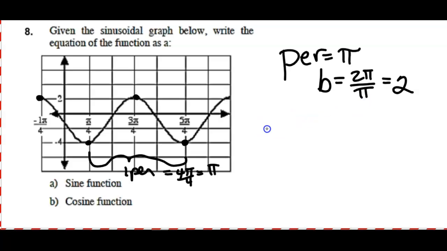All right. If we want to do cosine first, maybe? Well, let's finish here. The amplitude, it goes from 2 to negative 4. So that is a distance of 6. 3 and 3 makes the midline actually be at 1, which is why it's looking kind of wonky. Okay, the midline is here at 1.